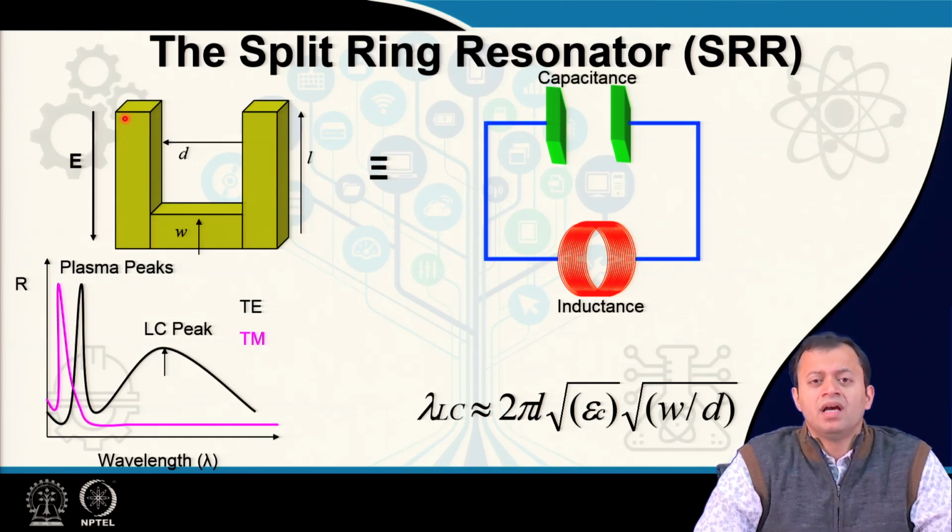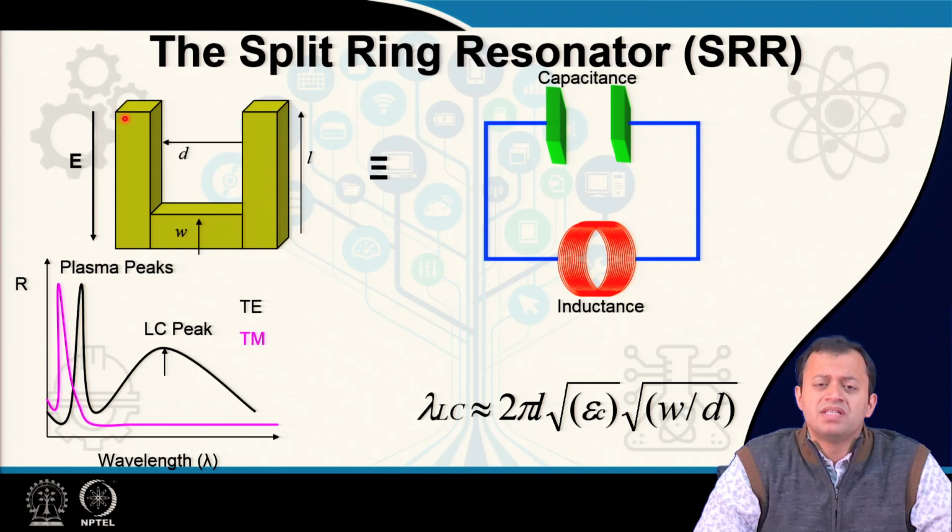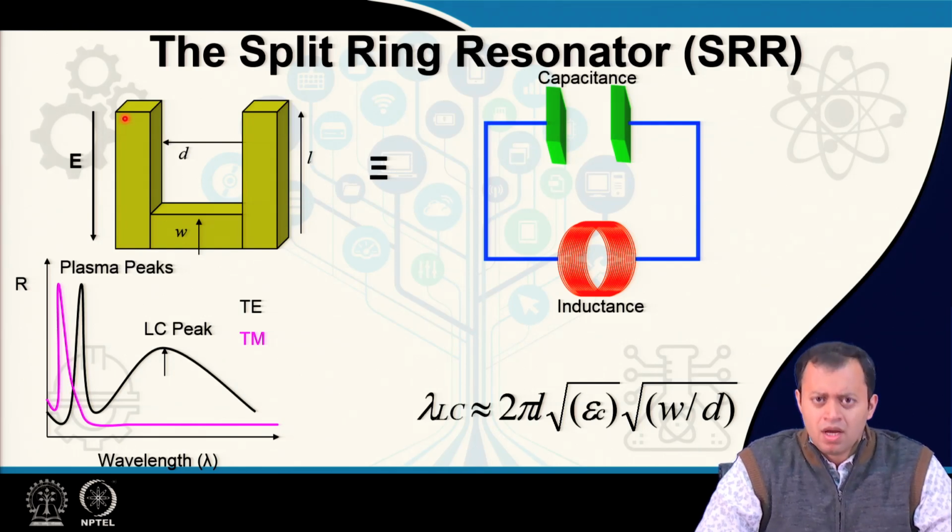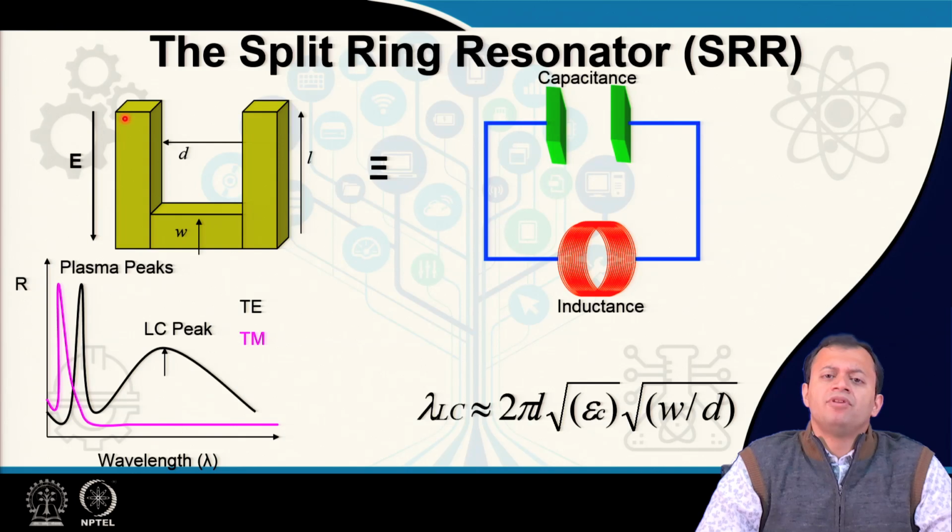So, most of the time the refractive index is, instead of root over epsilon and mu, the mu part is neglected and you call it root epsilon. Why? Because the magnetic response of a system is because of the Bohr magneton, and the Bohr magneton by definition is weak.